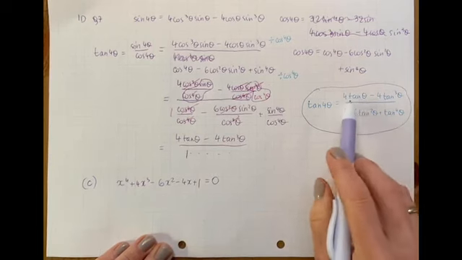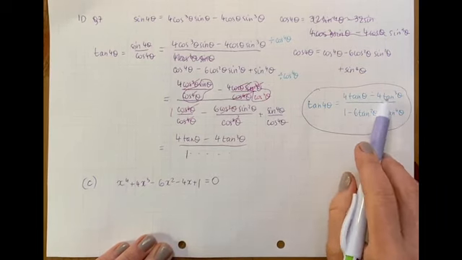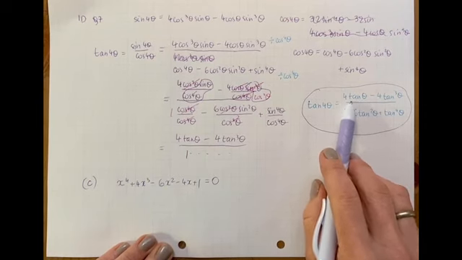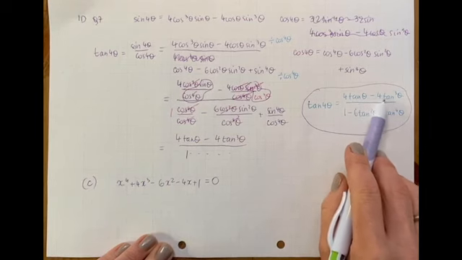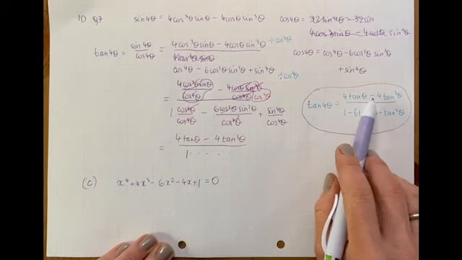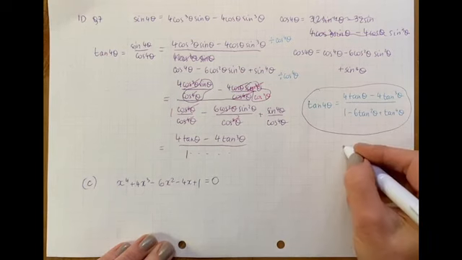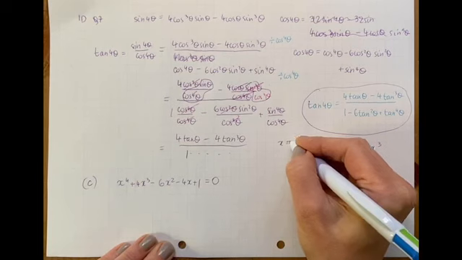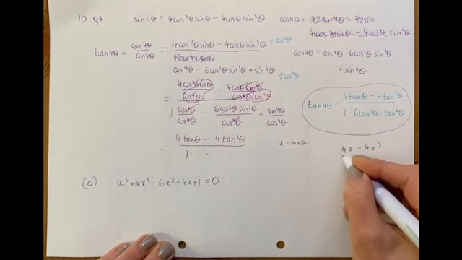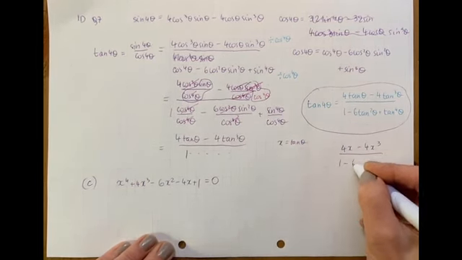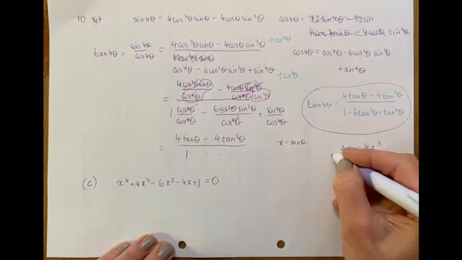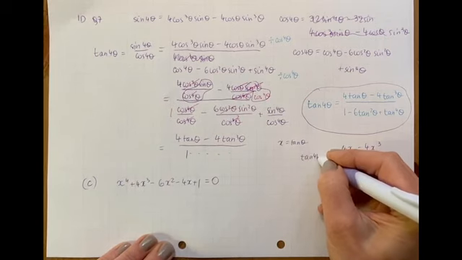If you think about doing a similar trick to what we did in question 6, if you were to replace these with x's, you will have 4x minus 4x cubed, so if you let x equal tan theta, and 1 minus 6x squared plus x to the power 4, that's what tan 4 theta is.